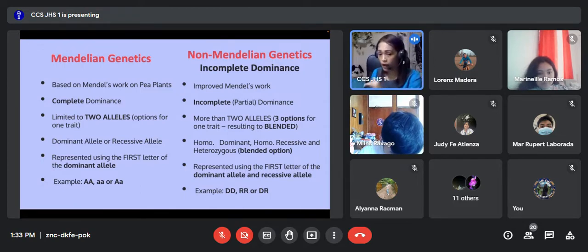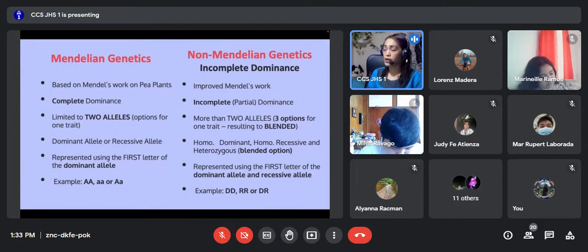And if you have a DR, that is a heterozygous, meaning, let us say it's color, dark and red, it becomes a third color or the intermediate option, the blended option. Okay, I hope it's clear for everyone.